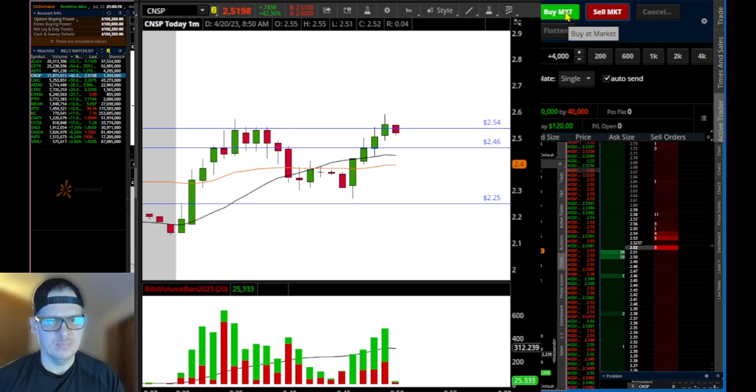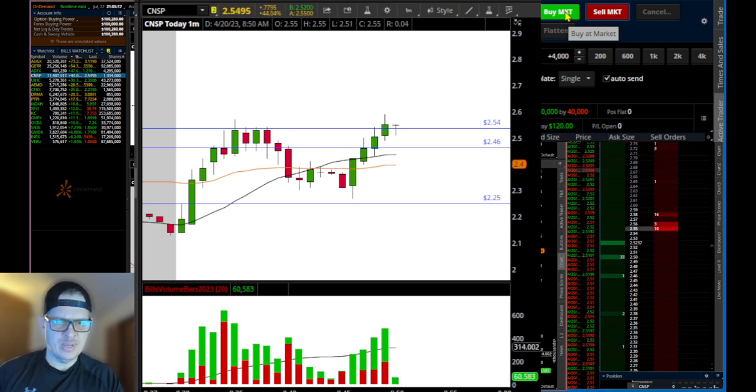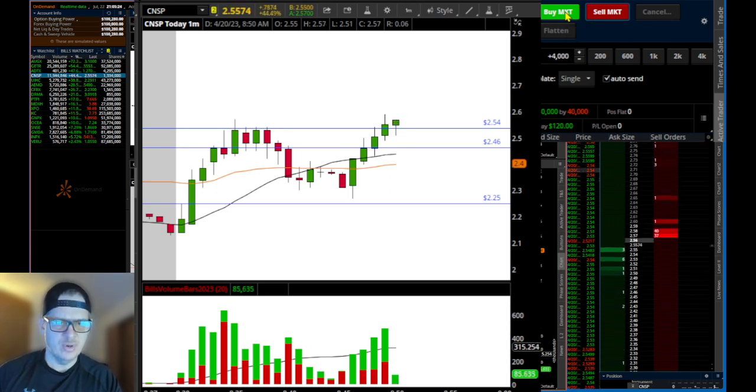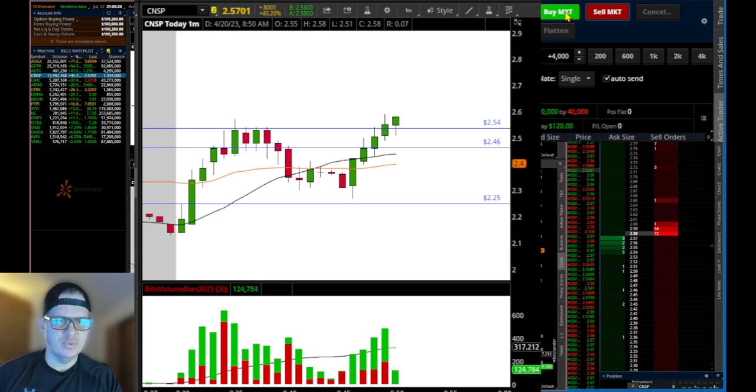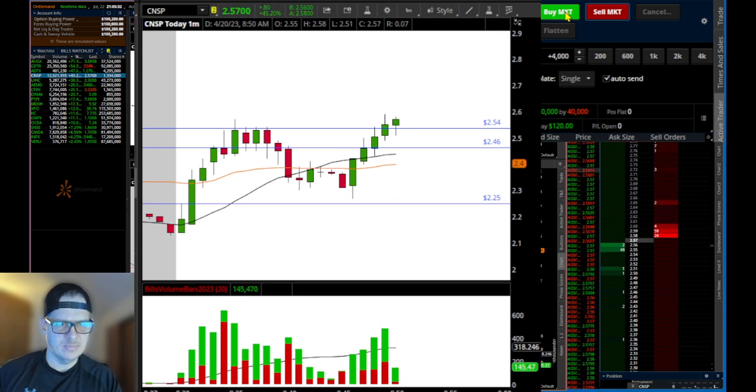Okay. Again, now that we're on another minute candle here, I'm waiting to see if it's going to hold support here at 254, or if it's going to continue to move up. As it moves up, I'm going to be jumping in on these small dips in price in hopes that we get a retest, right?